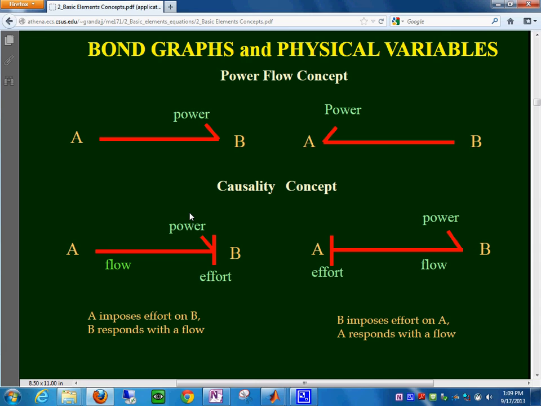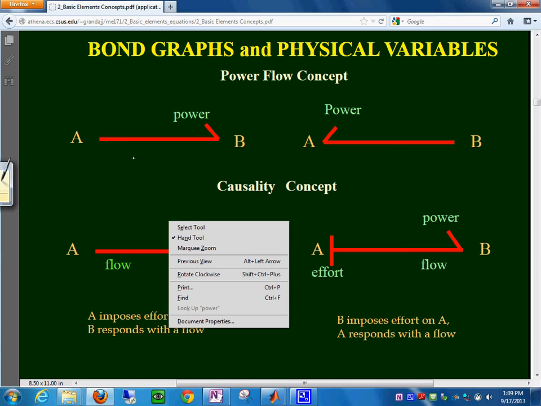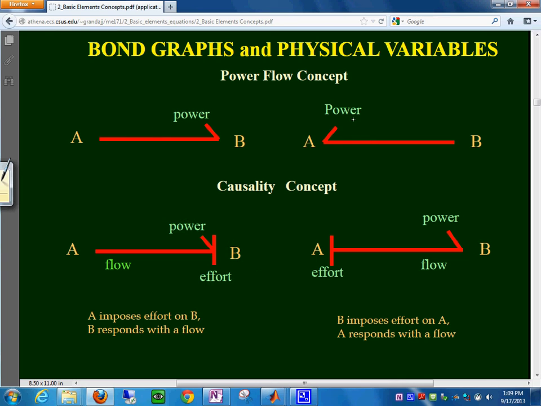So you have two little things to complete on each one of these connections. I told you that these bond graphs help the connections between elements. Like on the first example here, A transmits the power to B. This one is the other way around.